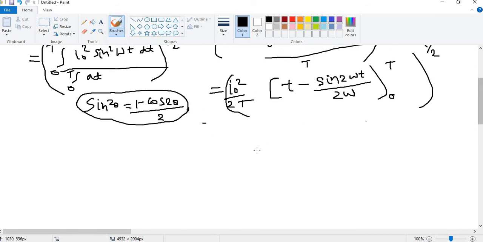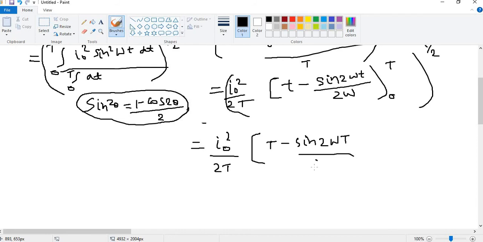Now I will put in the upper and lower limits. It will be I naught square by 2T, which is the constant, so I am putting it aside. First we put capital T: it is capital T minus sine 2 omega T by 2 omega.